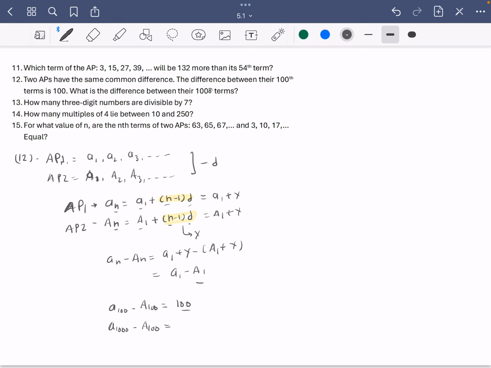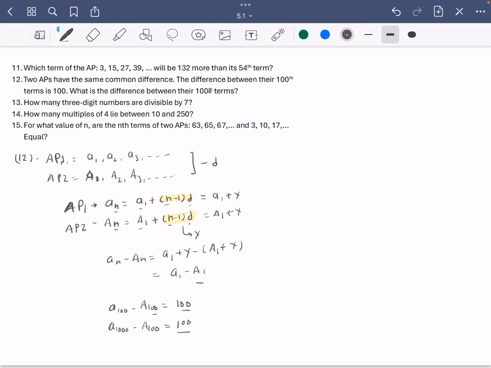Now it doesn't matter which term you take, the difference is always going to be the same. That is the difference between their first terms. So if the difference between the 100th term is 100, then it is going to be the same for each value of n. I mean, for the 101st term, 102nd term, and so on. So for the 1000th term, it is going to be the same as 100.